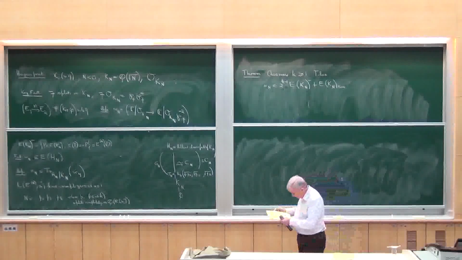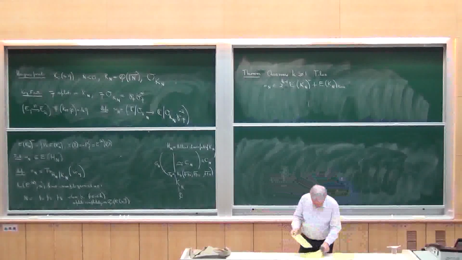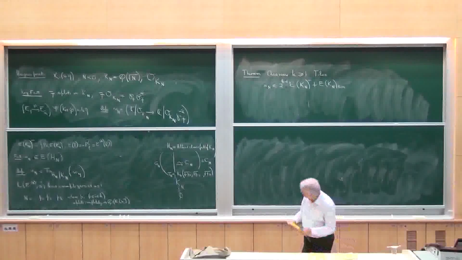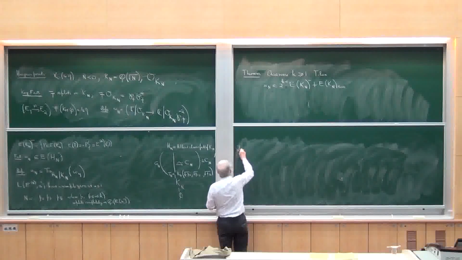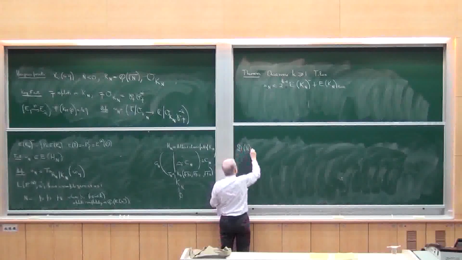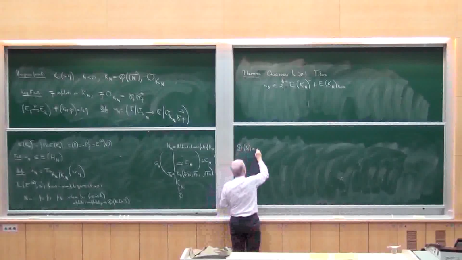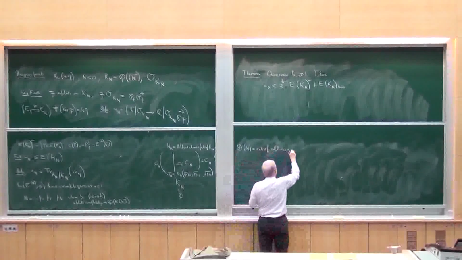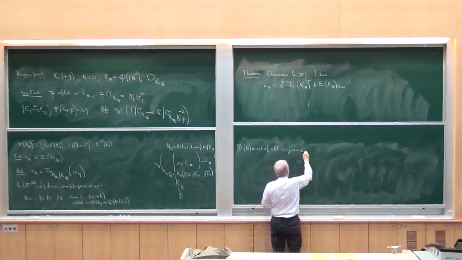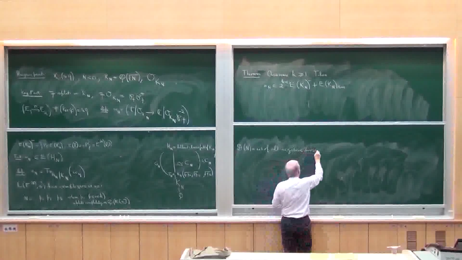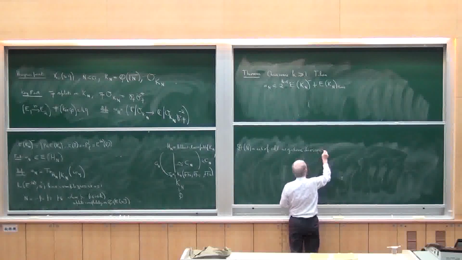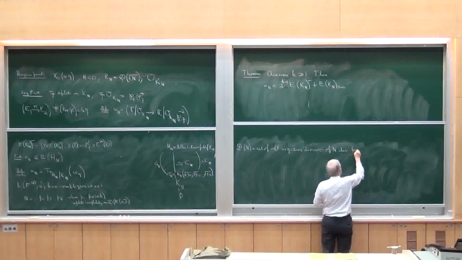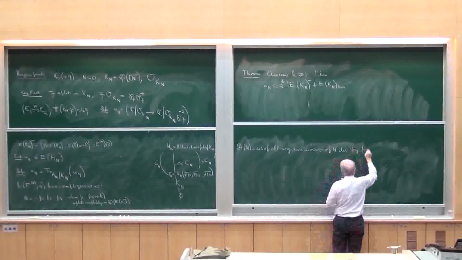So now let me define D of n to be the set of all negative divisors of n which are divisible by p naught.